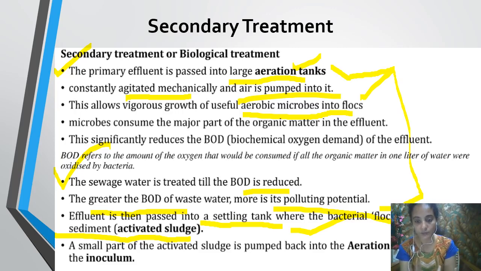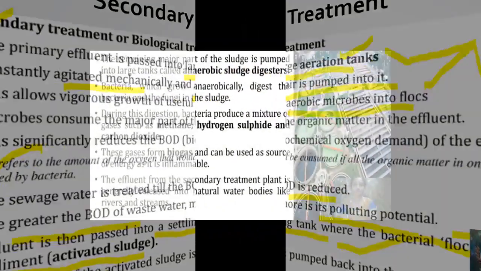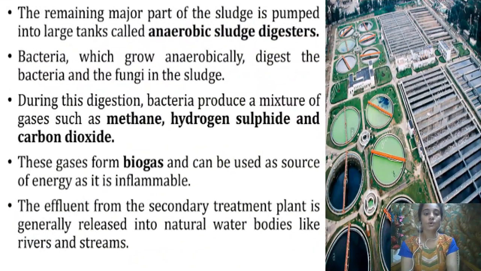So now, one portion of the activated sludge we are using for the aeration tank, and the other one is going to have another kind of digestion by using anaerobic microbes. So the remaining part of the sludge, whatever has been left out, will be taken into the anaerobic sludge reactors.